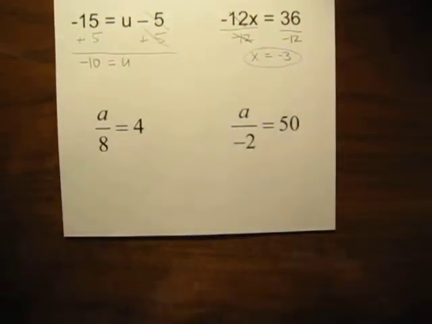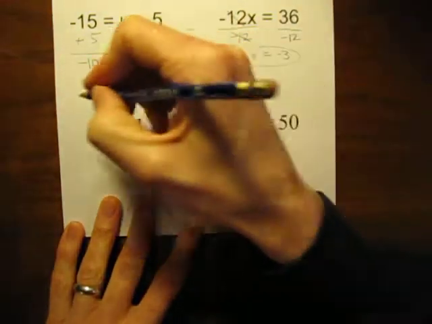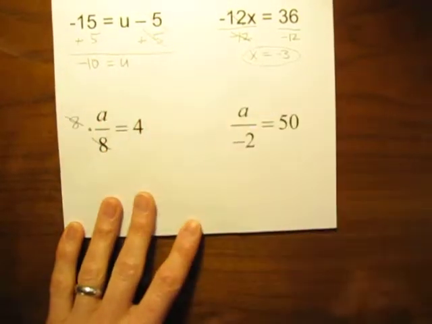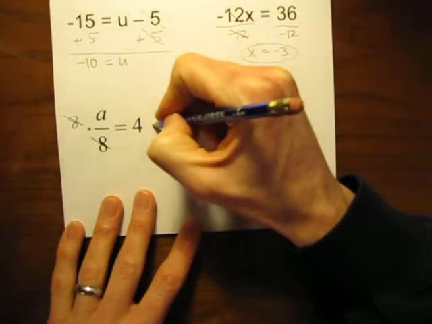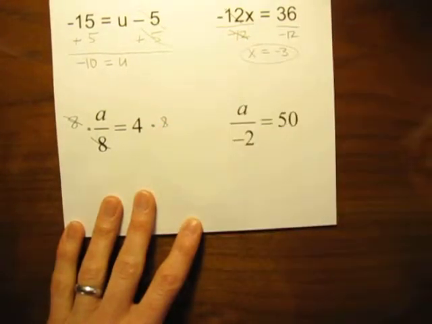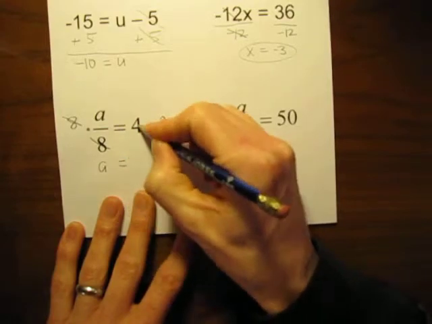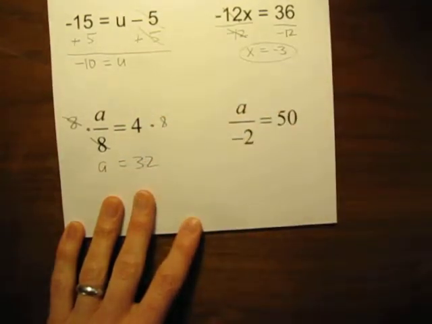So what's the opposite of division? Multiplication. The opposite of divided by 8 is times 8. So if we multiply both sides by 8, the 8's here will cancel, and of course we have to multiply this side by 8 too. So the 8's are gone, we're left with a is equal to 4 times 8 is 32.